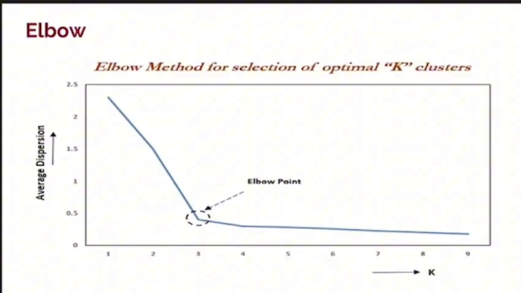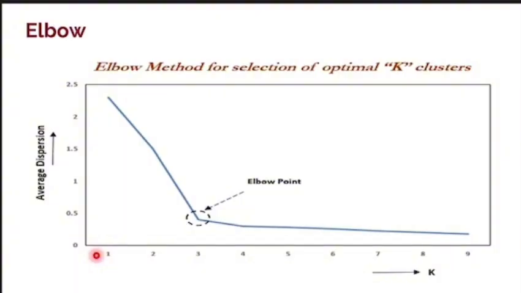It's one of the methods of selecting an optimal number of clusters. Now, this is a plot of the average dispersion against the number of clusters. Of course, everybody knows k equal to 1 means I've not even started with my classification.